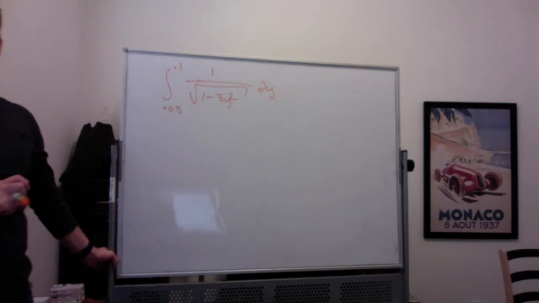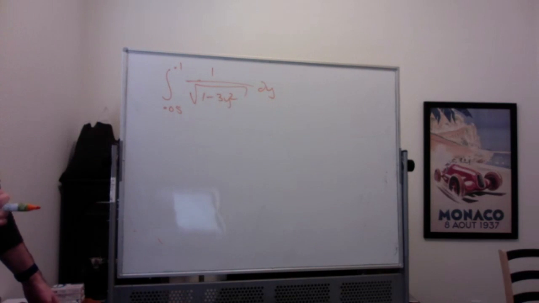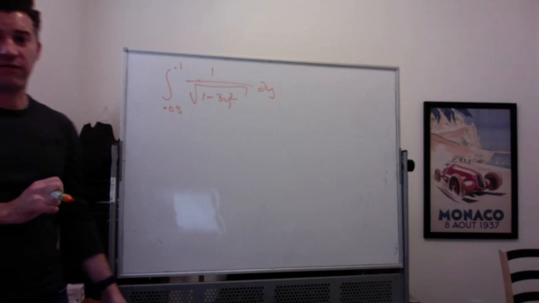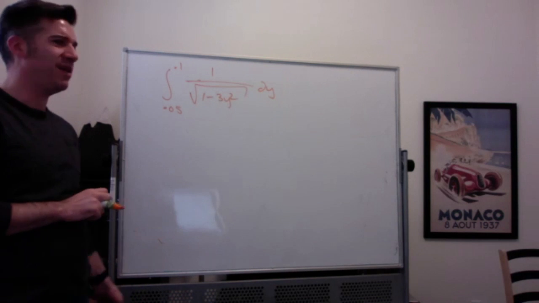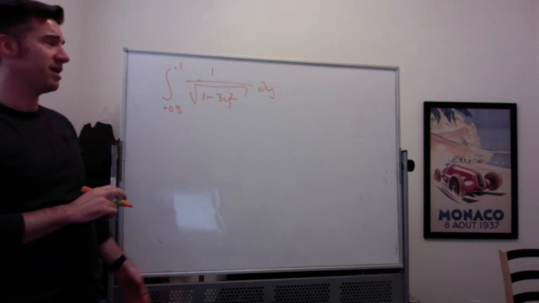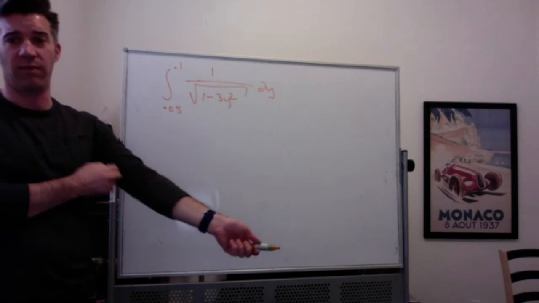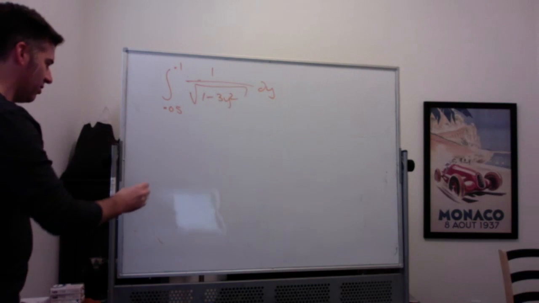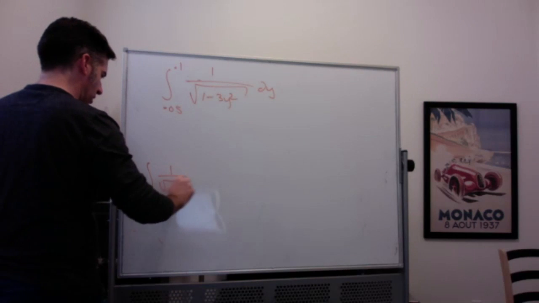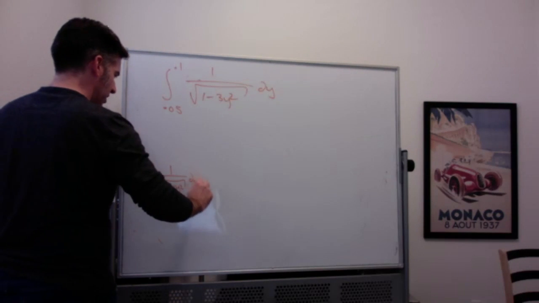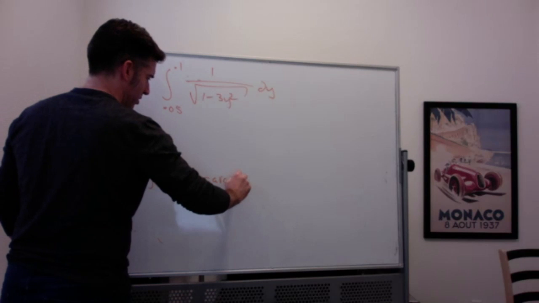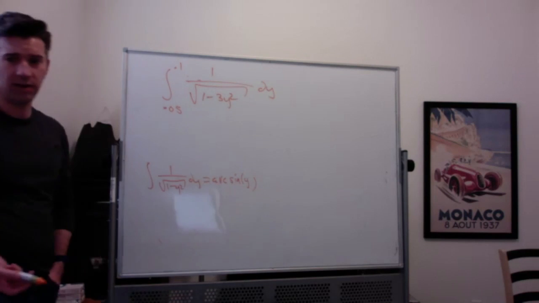You know what that looks a lot like to me? It looks a lot like, I'm going to ignore that 3 for a second and say, oh, well, I know how to integrate 1 over the square root of 1 minus y squared. I know the integral of 1 over the square root of 1 minus y squared is just the arc sine of y, or if you prefer, the inverse sine of y.